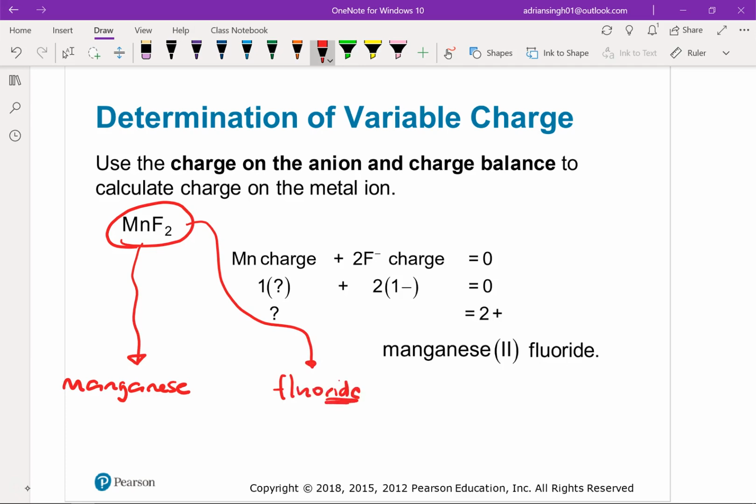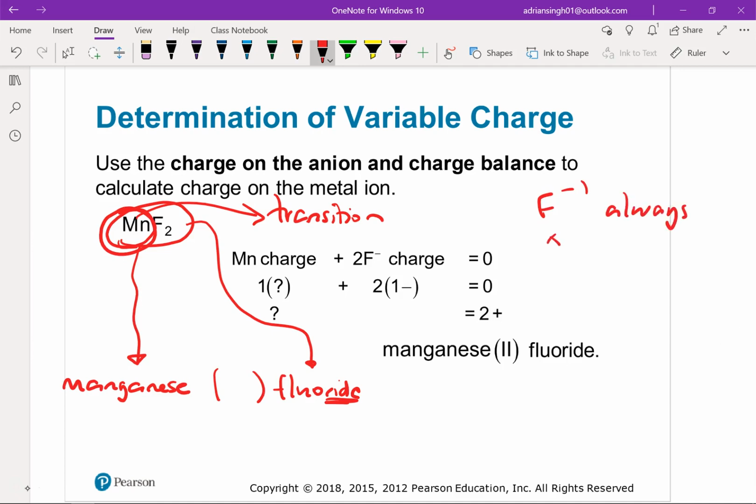What you need to notice is that Mn, manganese, is a transition metal. So we're going to need Roman numerals to tell us what the charge on the manganese is. We don't know what the charge on the manganese is, but we do know what the charge on the fluoride is, right? F is always -1 because it's in group 7.